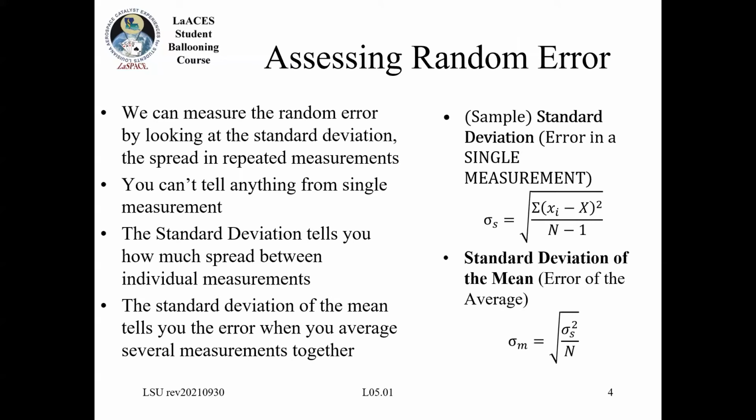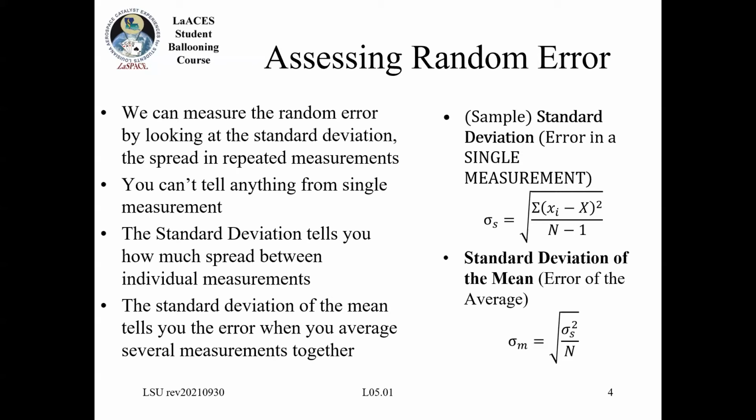So like I said, with random error, you can actually do some mathematical analysis on it because it's assumed to follow a mathematical distribution. So this is where you would start to get into the first thing that people see, which is the standard deviation, right?